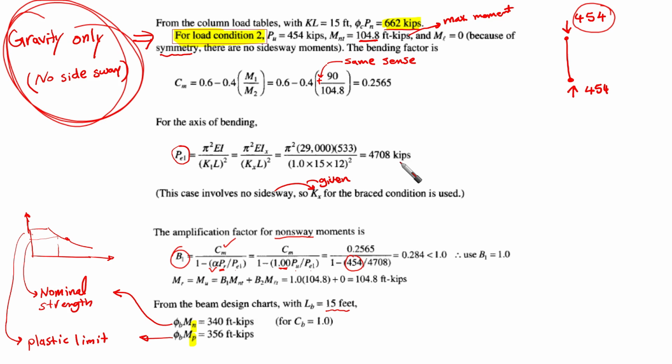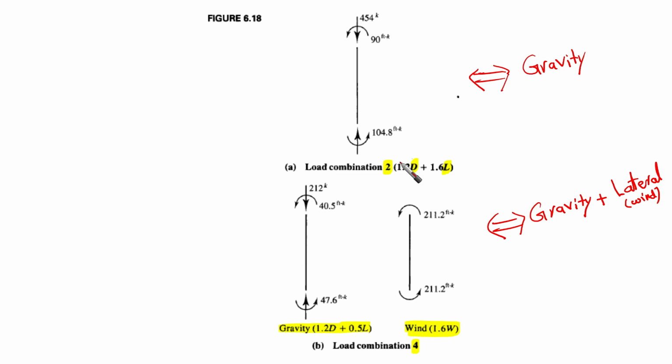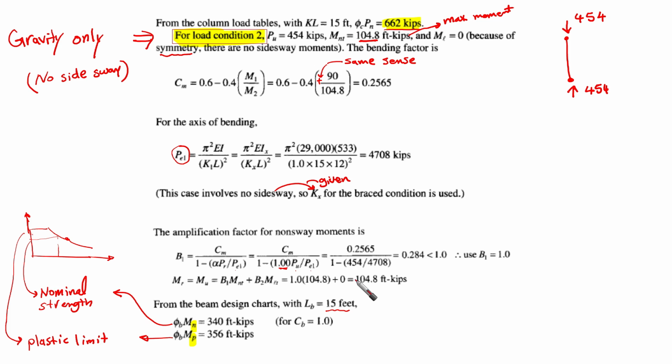This is from the previous, if we are going to talk about our gravity loading. 454. And then if you substitute, you're going to find 0.284. This is B1. As we said, B1 should always be larger than 1 because it is an amplification factor. So if it is less than 1, then the minimum value should be exactly 1. We should use it as 1.